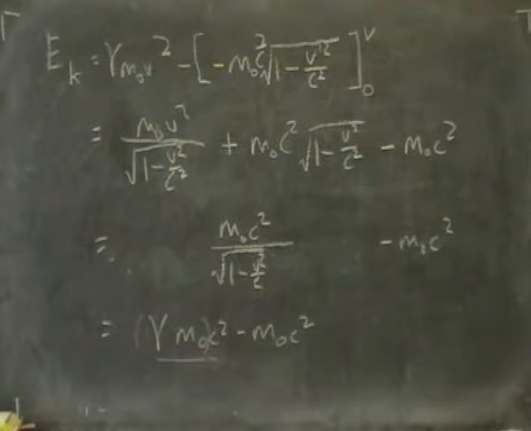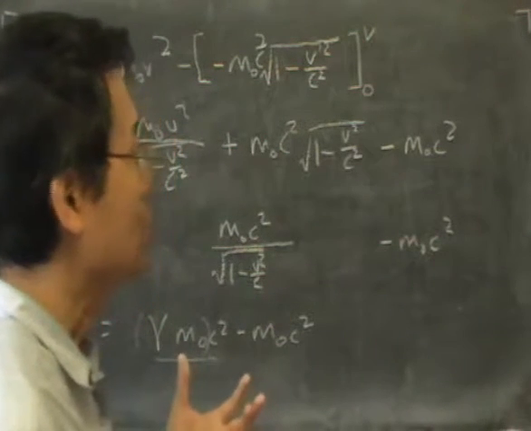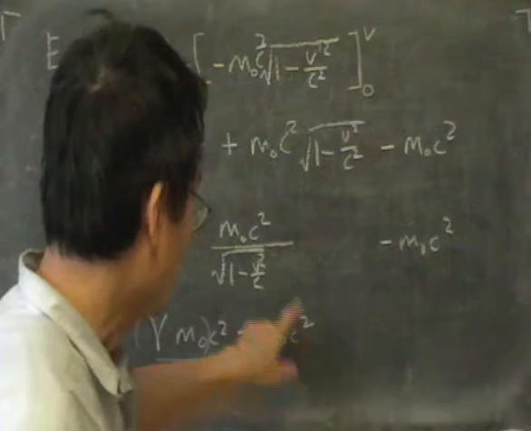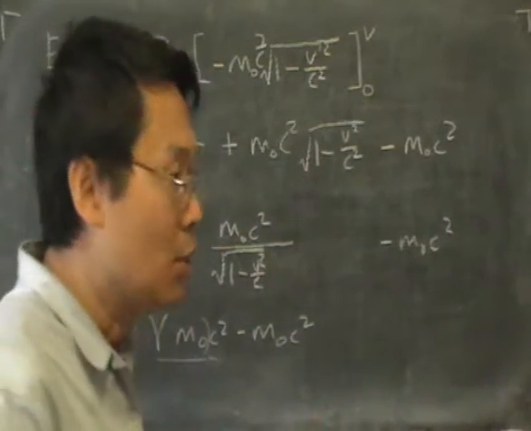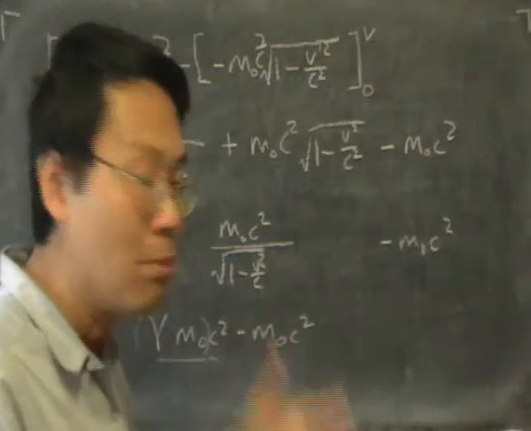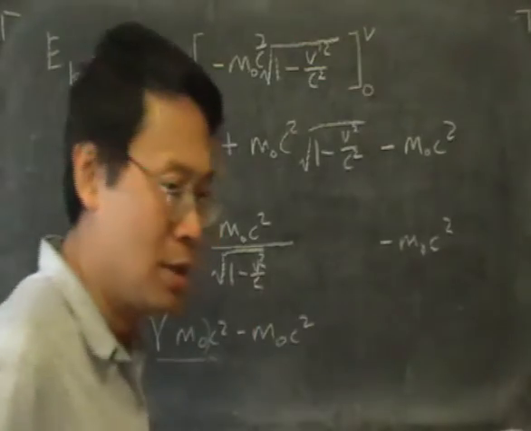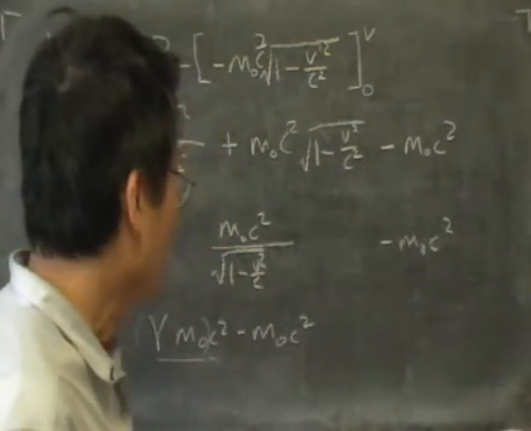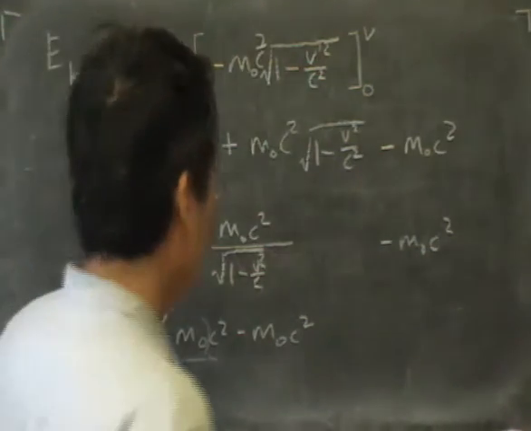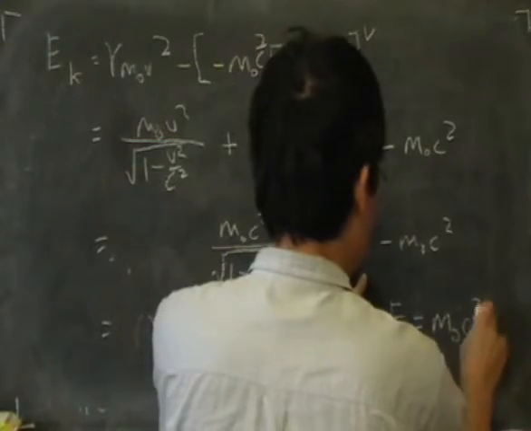Now, if that is the case, we can go on to think about what if the mass at rest, when it is not moving, it has a mass. Could it be that this mass of the object, when it is just sitting there, could it somehow be converted into energy? If it can be converted into energy, then perhaps you would actually get E is equal to m naught c squared.